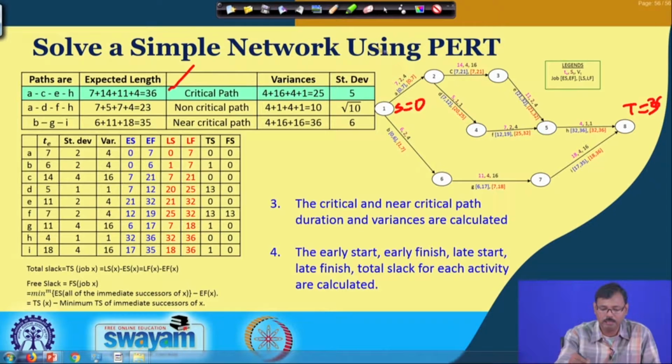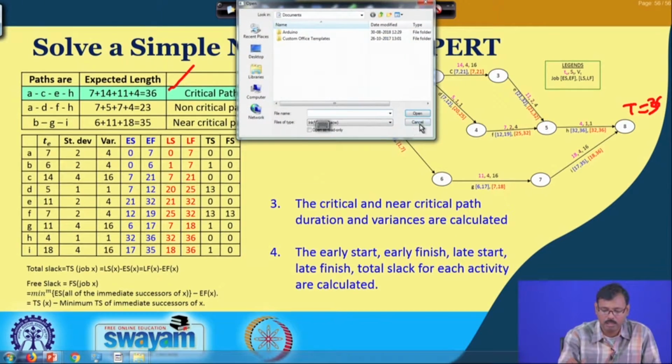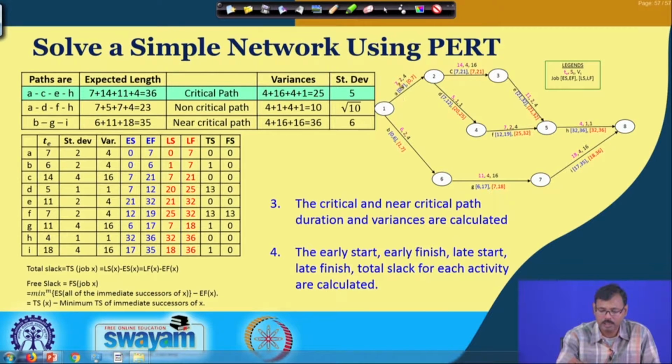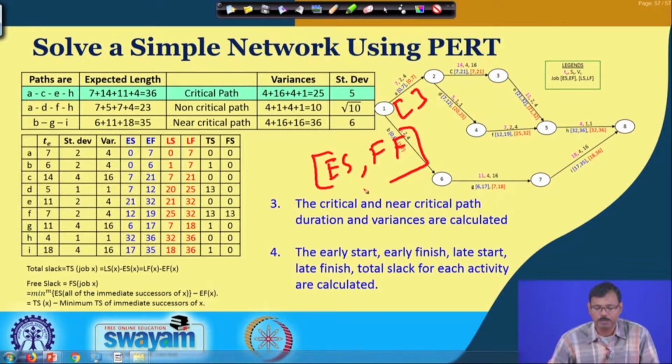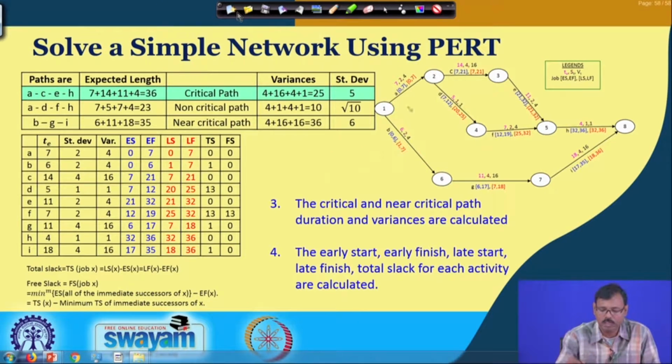This early start and early finish are mentioned in the blue arrow, separated by a comma. So, you can see for job A it is 0, 7, for job B it is 0 and 6, and for job G it is 6 plus 11, that is 17, and for job I it is 17 plus 18, that is 35, as the early start and early finish.